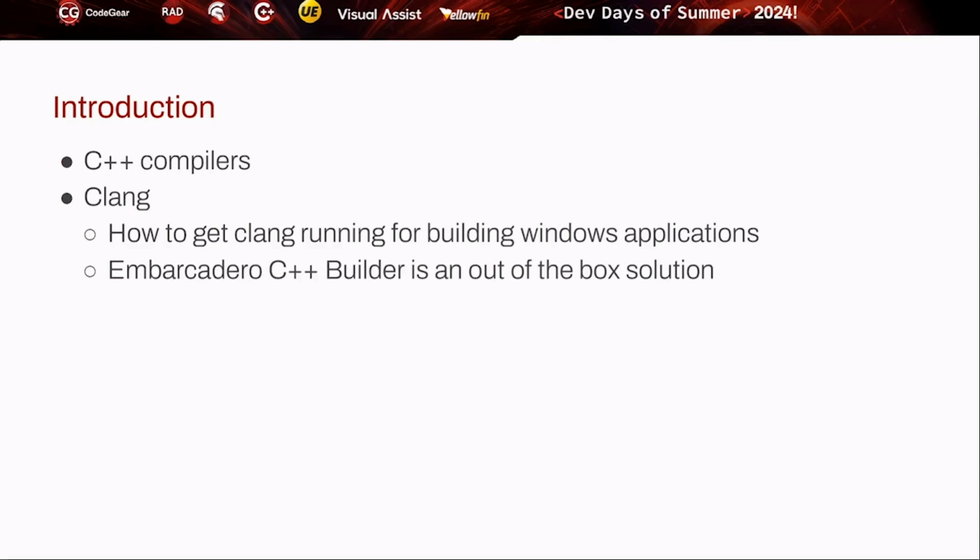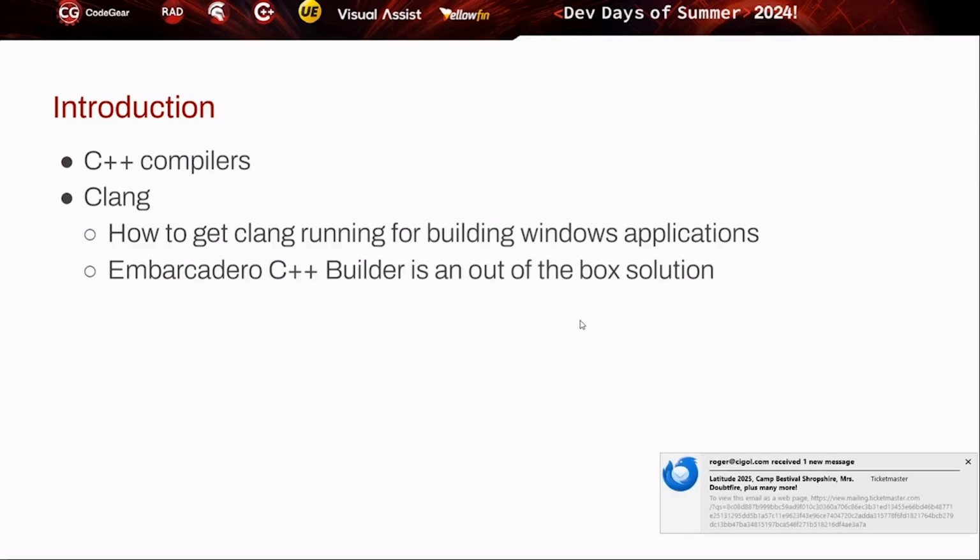There are ways of getting it running on Windows, of course, but the Embarcadero C++ Builder solution is an out-of-the-box solution. You can install the Embarcadero C++ Builder and start it up, and you are ready to run a Clang C++ compiler.